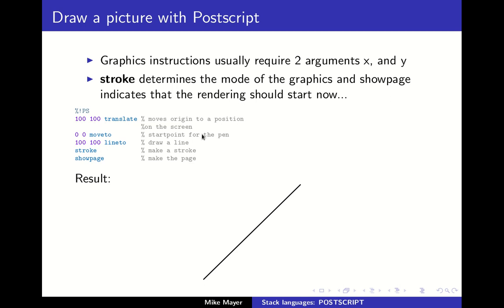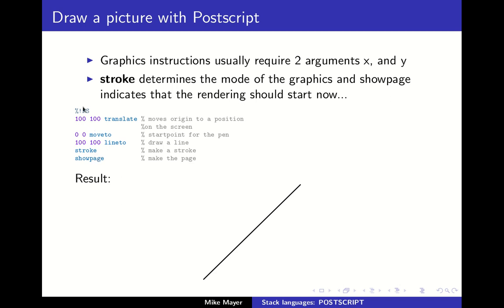This translates the origin of the coordinate system. Then we move to one certain position, and then we make a line to the second position, and this is the lineto instruction. So this means go from the current position of the cursor to this position 100, 100, and as a result we will see a line that goes from 0, 0 to 100, 100. Then we have the stroke instruction. This means the line should be drawn, and at the end again we have showpage.